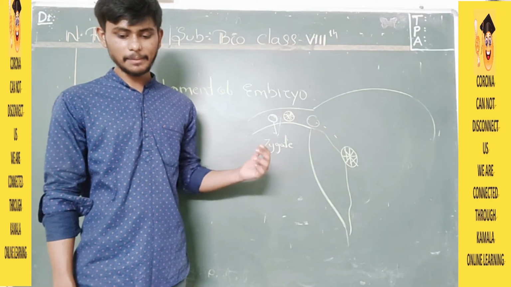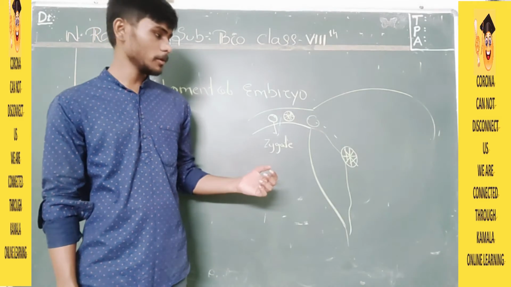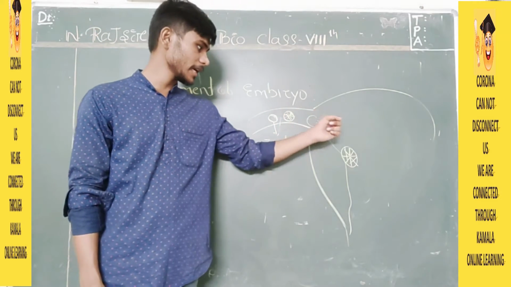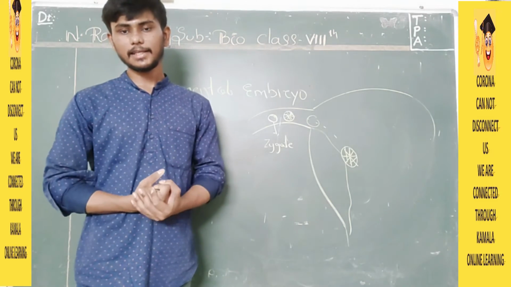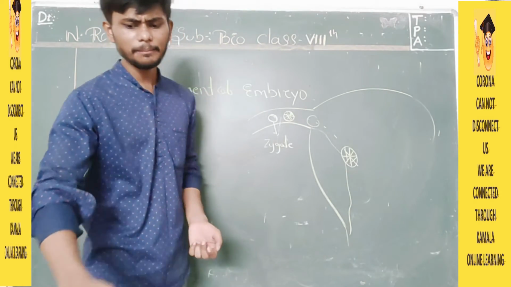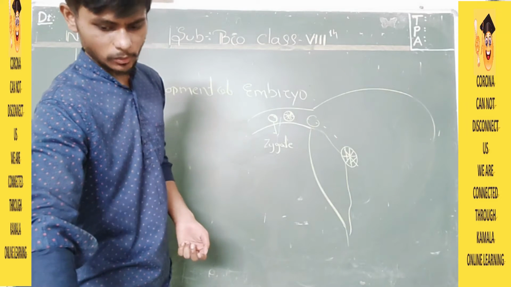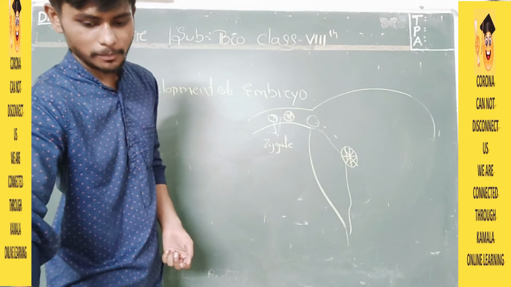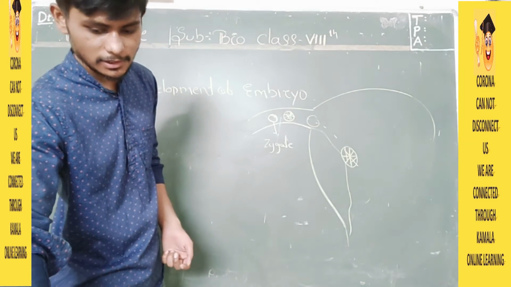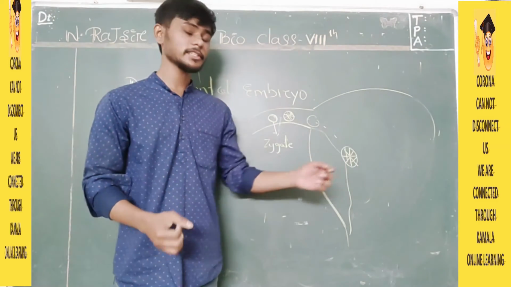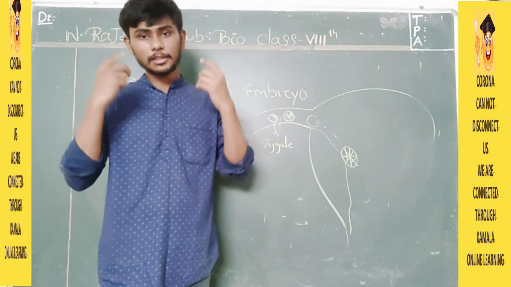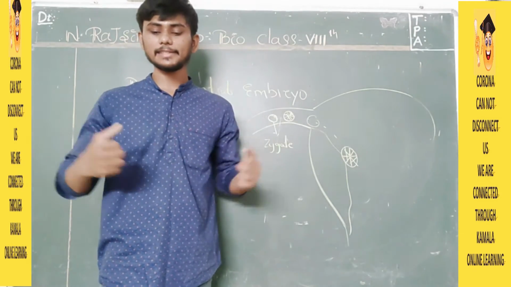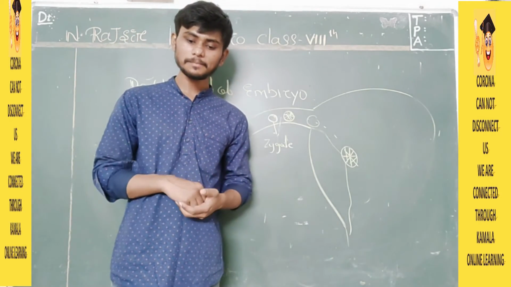The embryo gets embedded in the wall of the uterus and further development takes place. The embryo continues to develop in the uterus. It gradually develops body parts such as hands, legs, eyes, ears, etc. It will start to generate eyes, nose, ears, legs, hands, limbs, everything starts to grow slowly.